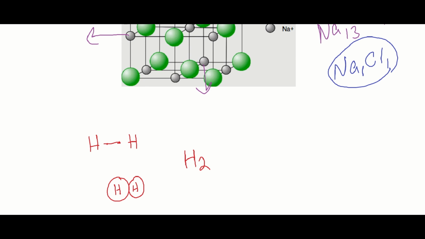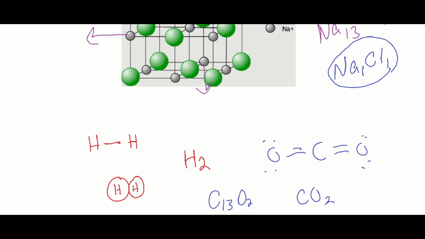Let me give you a different example. This was maybe not the best one. Carbon dioxide is another example. So carbon dioxide, if you draw the Lewis structure, it looks like this. Now, when we write the formula, we know it's CO2. It's not C13O26.